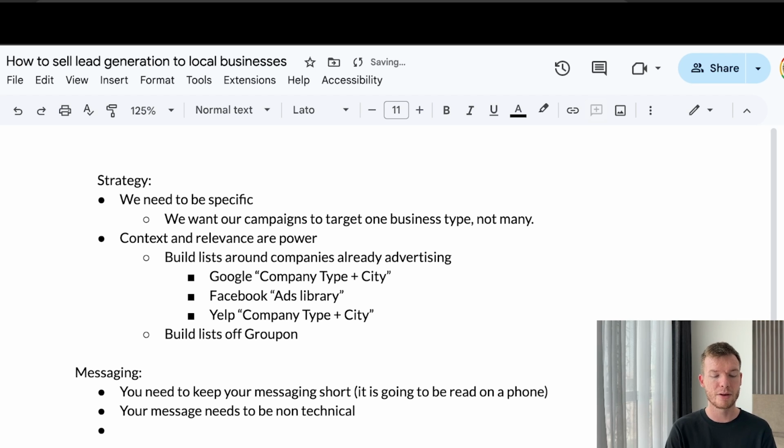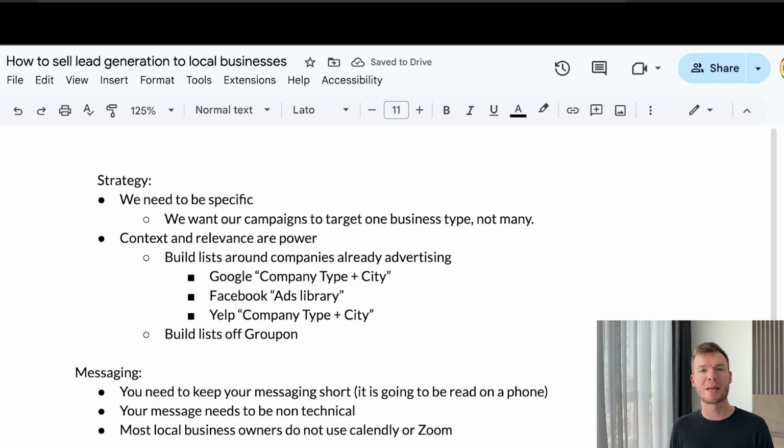The third thing here is that most local business owners do not use Calendly or Zoom. Being marketers or working with people, let's say in e-commerce or software or online coaches, yeah, Calendly, Zoom, it's embedded in our business, but that's not the case for most local business owners. So if you give them a Calendly link and they don't immediately know how to use it, or even if they don't have Zoom installed, that's not going to happen.